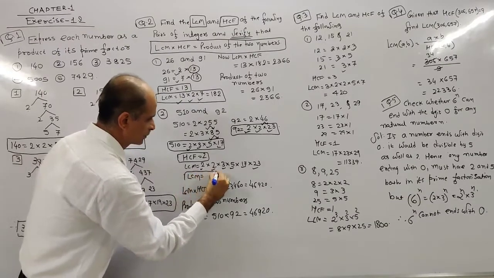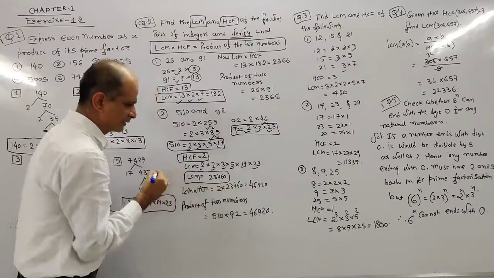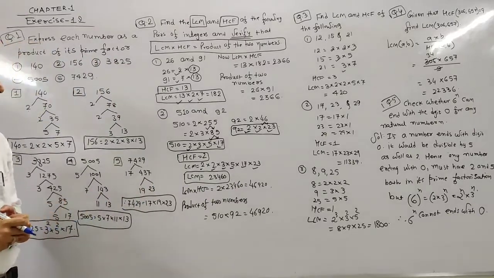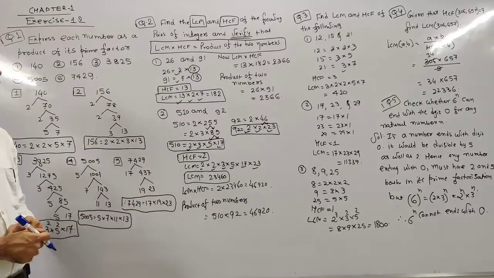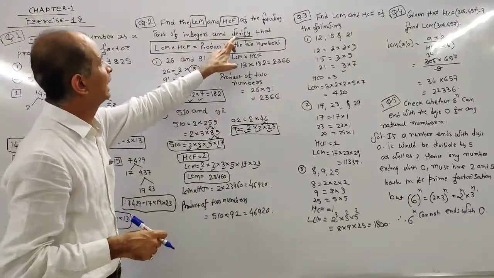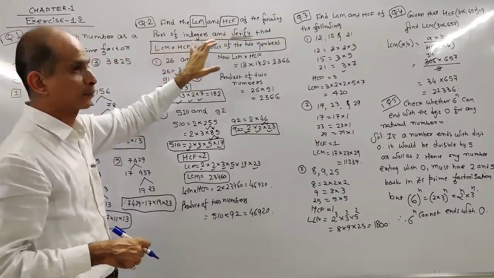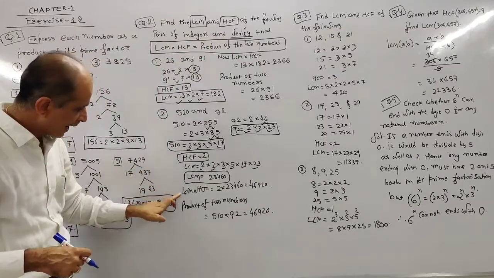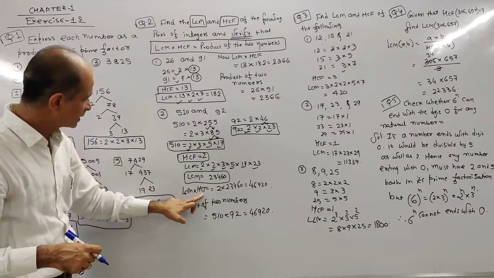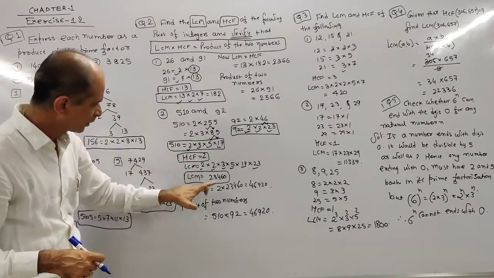So the LCM of these two numbers is 23,460. Then the second task is to verify that the HCF and LCM product is equal to the product of the two numbers. So LCM into HCF. What is your HCF? 2. What is your LCM?